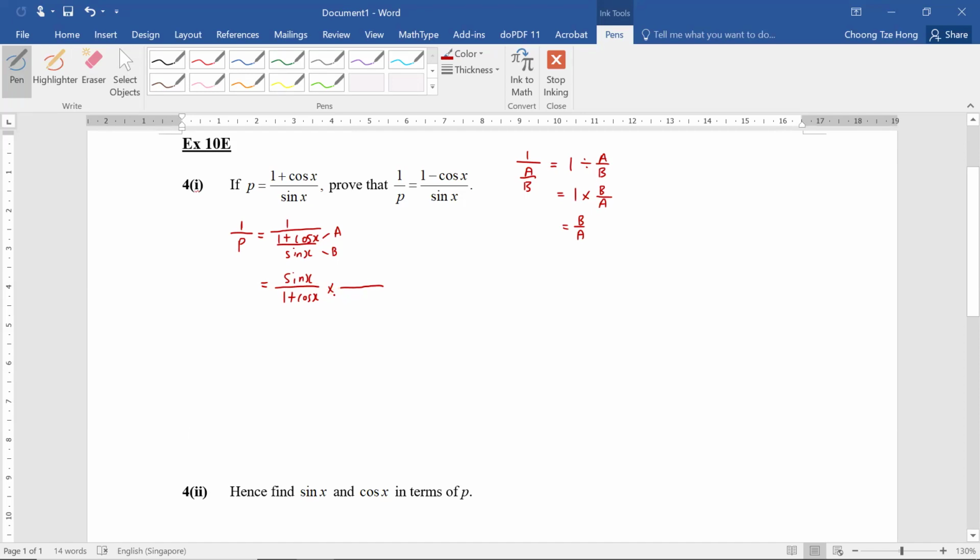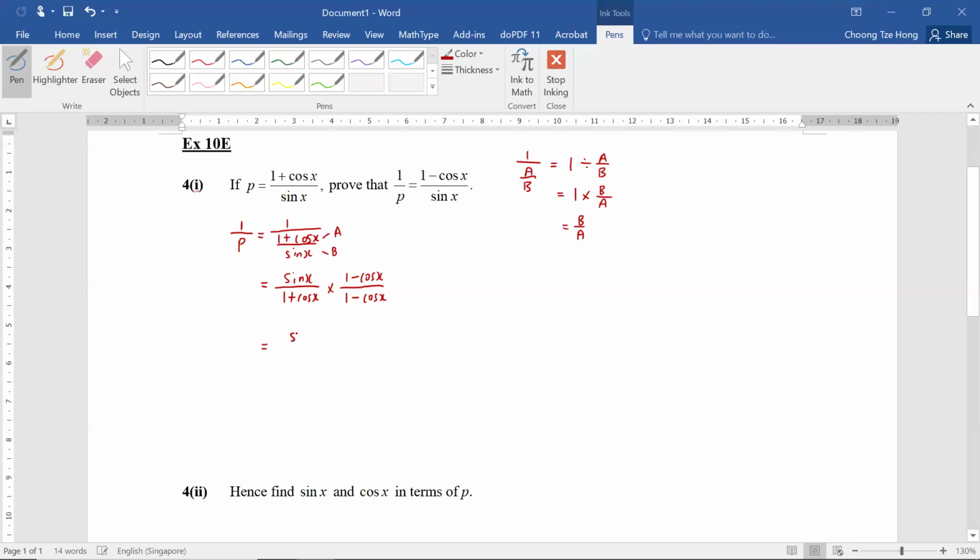This is something like rationalizing steps. We can multiply by the conjugate of 1 plus cosine x, so we multiply by 1 minus cosine x. You need to understand how to use this technique and when to use it. Later on you will see why we do this.